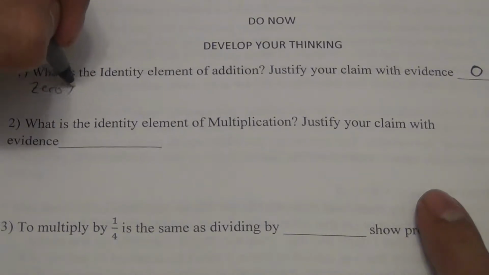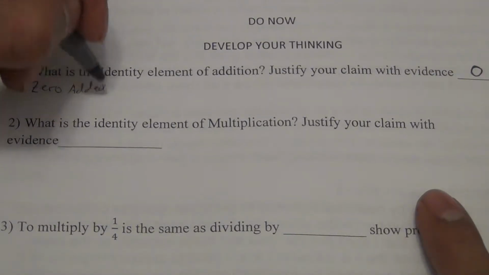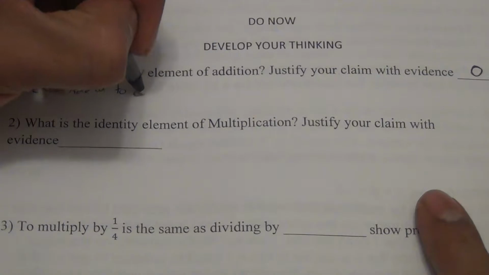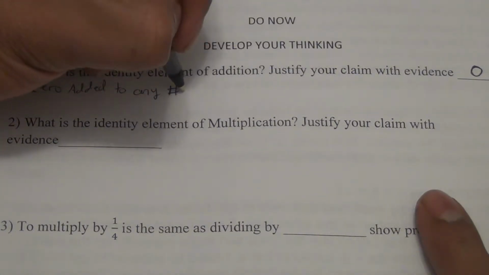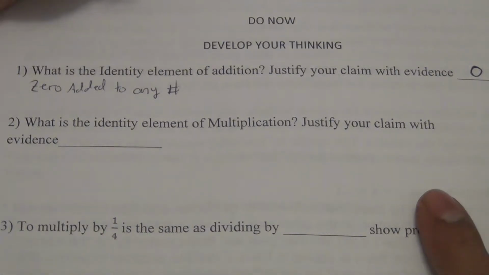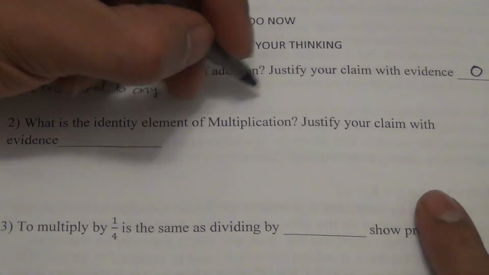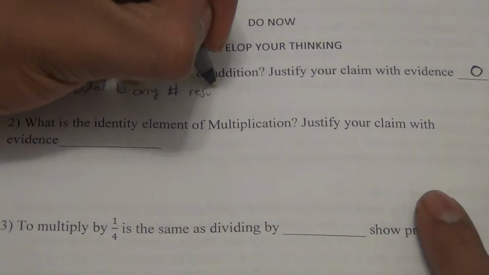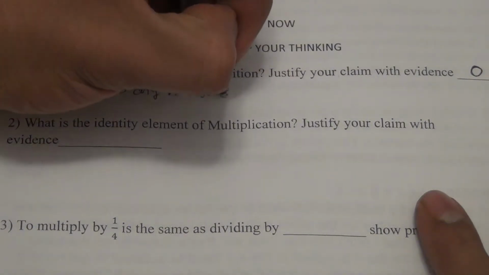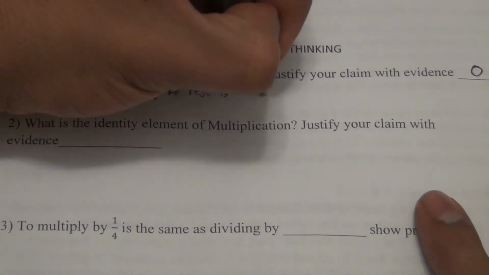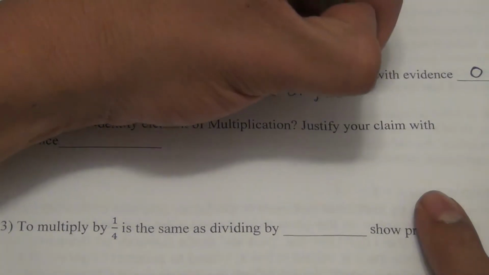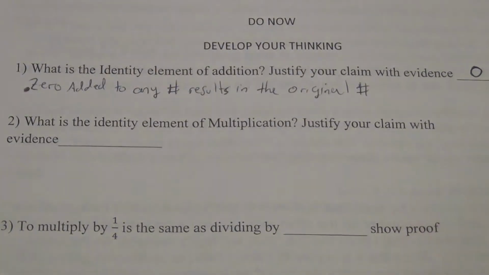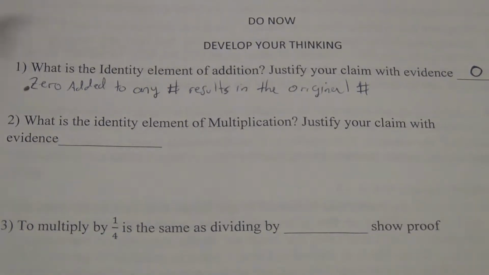Zero added to any number results in the original number. Plain and simple. You want an example?